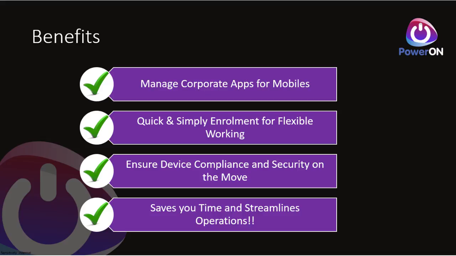The enrollment itself is pretty painless. For Intune, depending on the platform, there are a couple of ways of enrollment. iOS is just an application that you download called the Company Portal, which can be downloaded from the store.